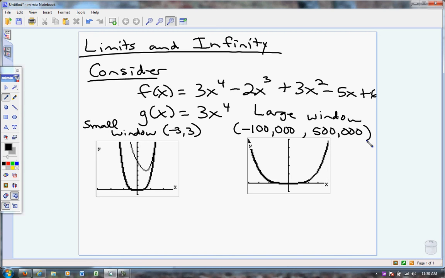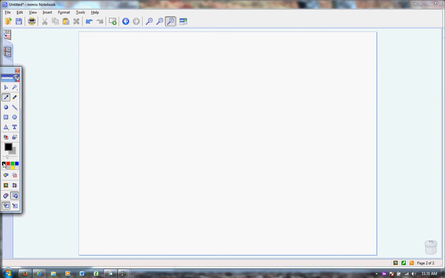Okay? Now, what we see then is that as we get stretched out, these two functions behave just like 3x to the 4th.